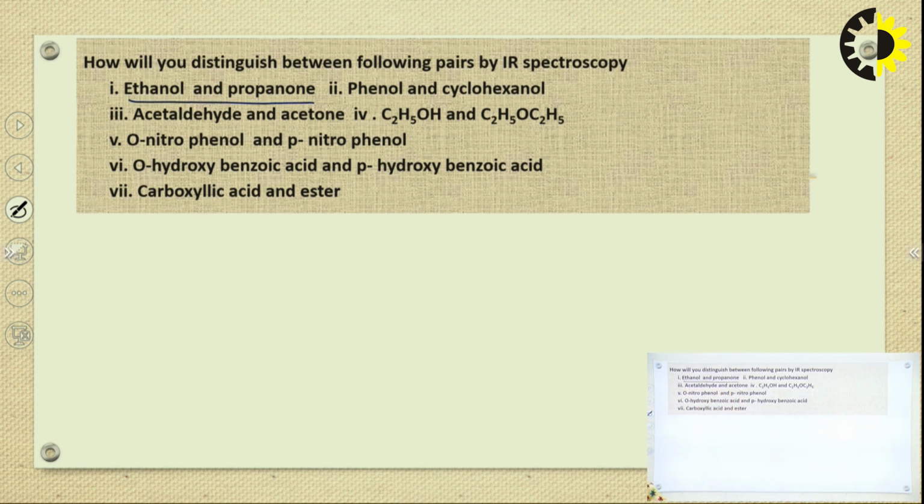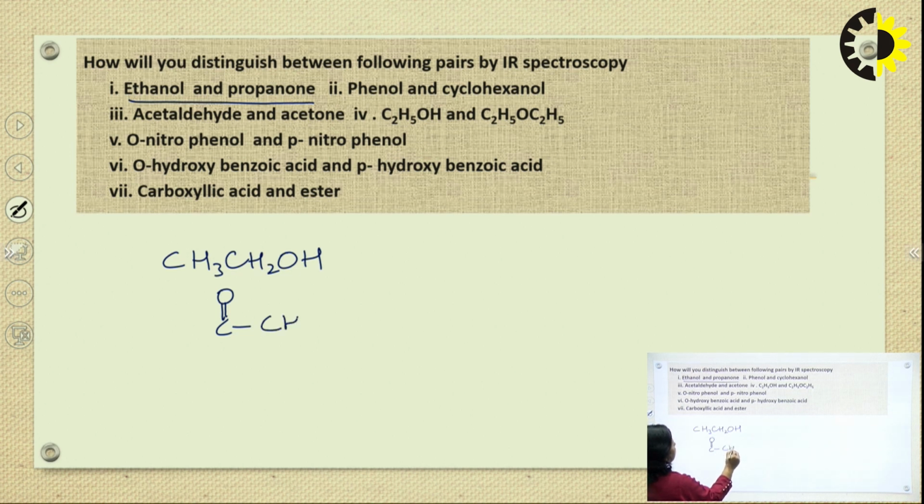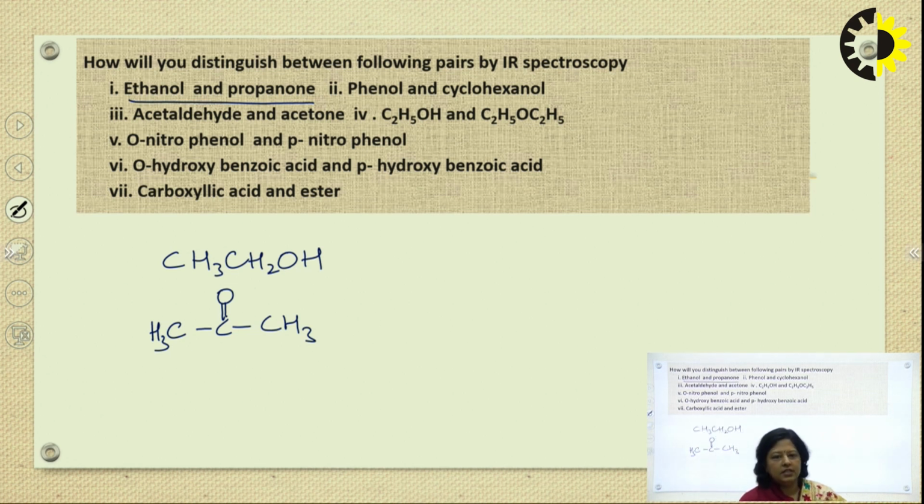When we talk about ethanol and propanol, ethanol is CH3CH2OH. Propanol is C double bond O. Same molecular formula, different molecules.